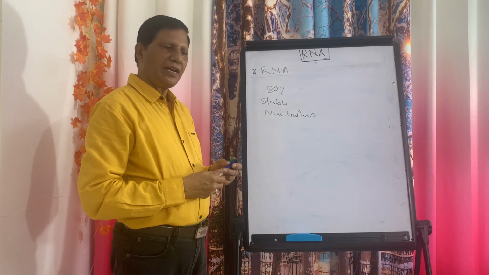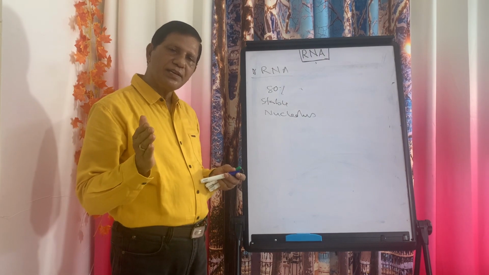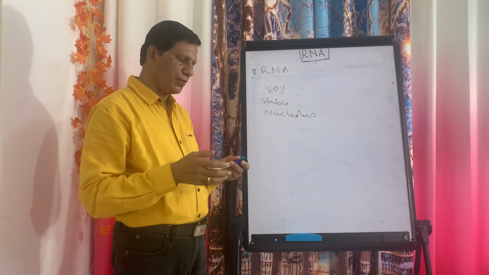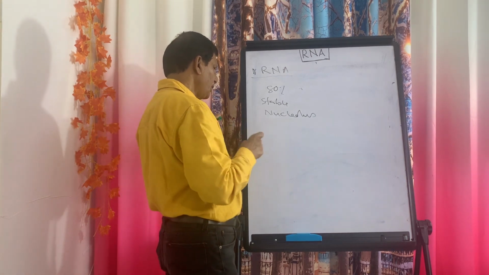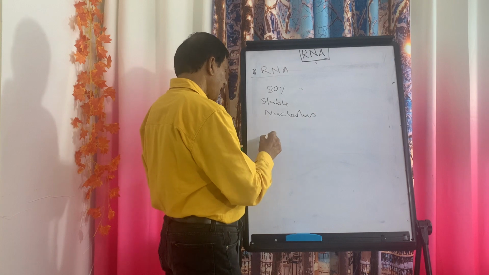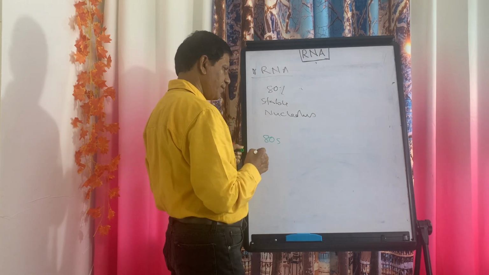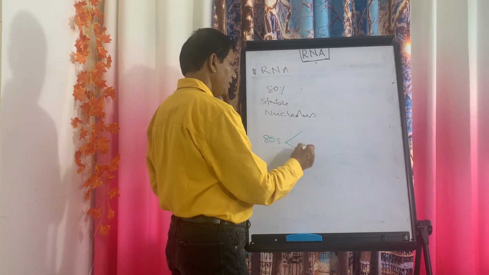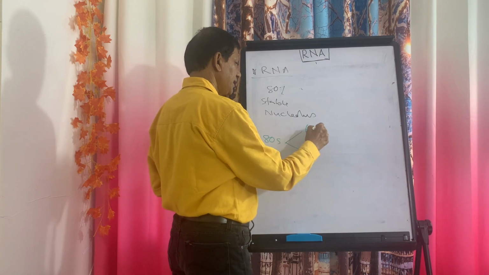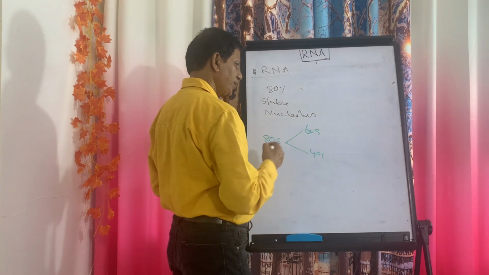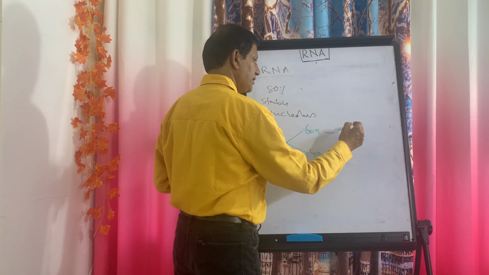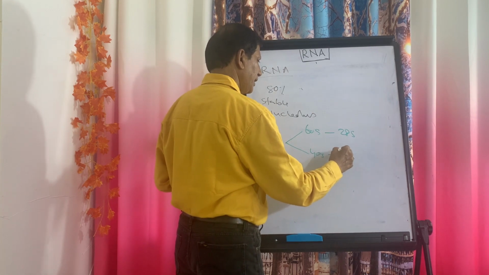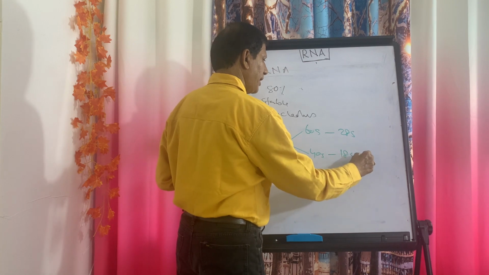Now this rRNA is again of different types in case of eukaryotes and prokaryotes. In case of eukaryotes, we know that the ribosome is 80S. The 80S again has two subunits. One is 60S, the other is 40S. In 60S, the RNAs are 28S, 5.8S and 5S, and in the smaller unit, it will be 18S.